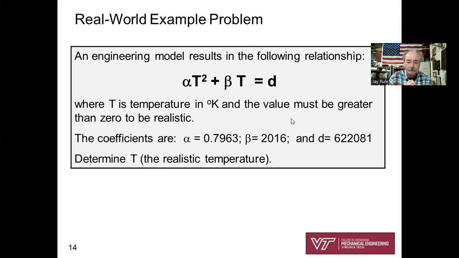That's an absolute temperature scale, so the result has got to be greater than 0 to be a realistic answer. The coefficients are given: alpha is 0.7963, beta is 2016, and D is a large number, 622,081. And the question is: determine T, the realistic temperature.